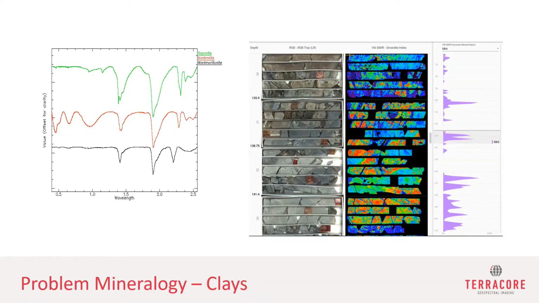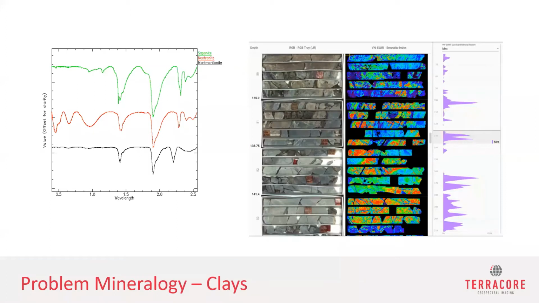Montmorillonite is by far the most destructive of them, and saponite would be less destructive, although in some kimberlites, saponite is a big problem. So using this Boolean approach, we can develop a smectite index. In this case, it doesn't matter what the smectite is. We've just said, let's find the smectite. And then we can extract that. You can see the textural relationships on the image. And then the downhole plot is on the right, just of Montmorillonite in that case, where you can see how Montmorillonite is distributed down that same hole.